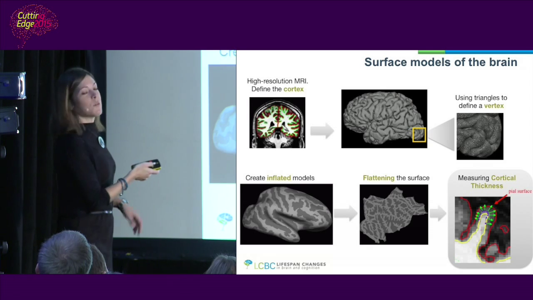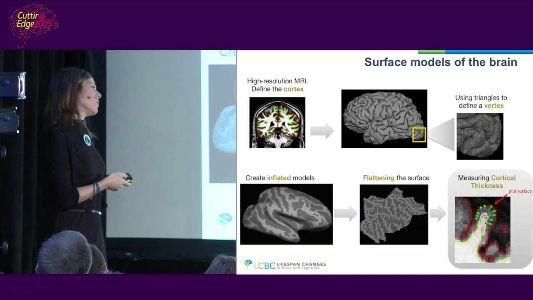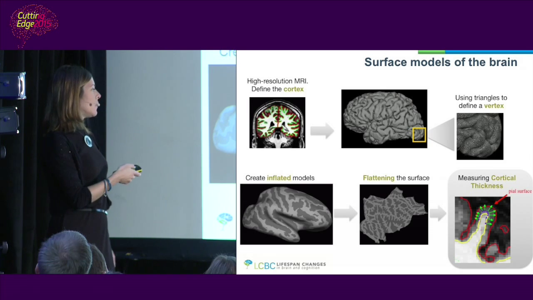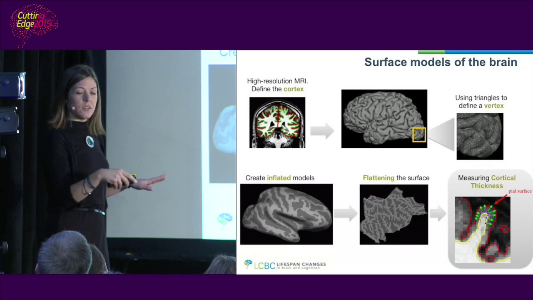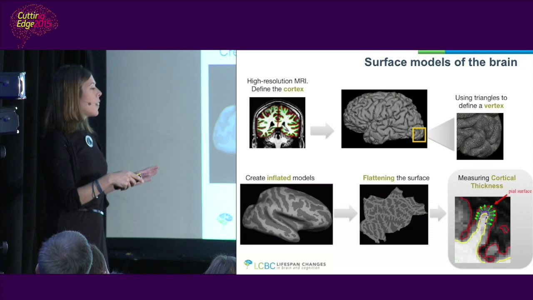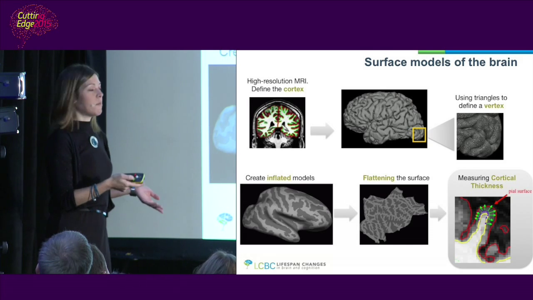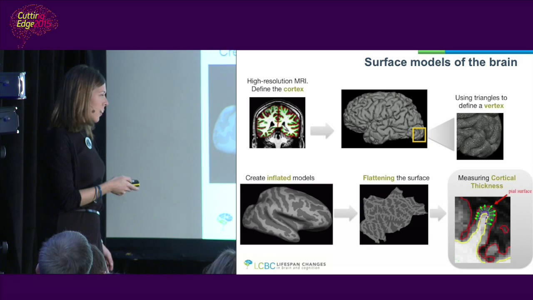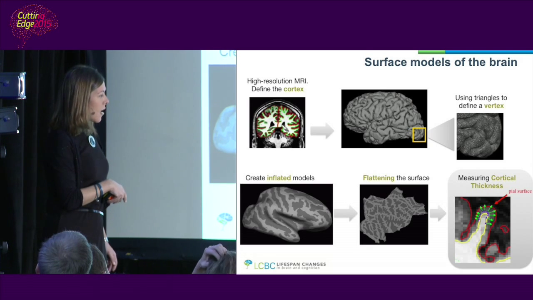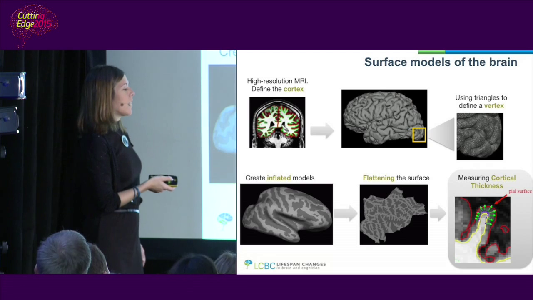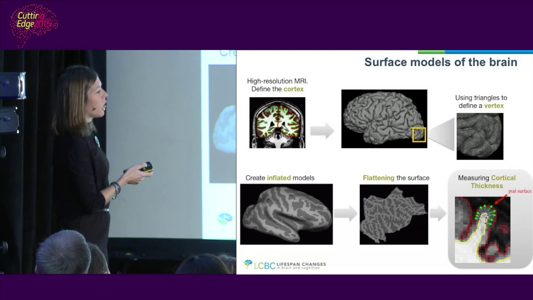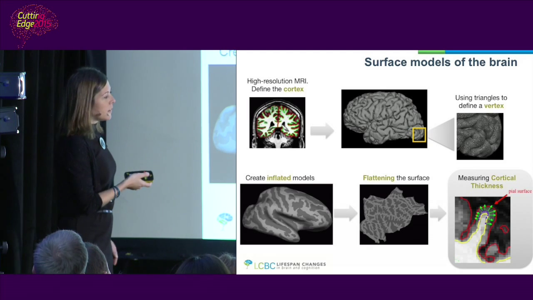Another thing, more from the computational point of view, is that we can flatten this surface, and we get a 2D image, which is much easier to process for our computers. Finally, another very interesting thing that we can do with this is to calculate the cortical thickness, which is the distance between the white matter and the pial surface.